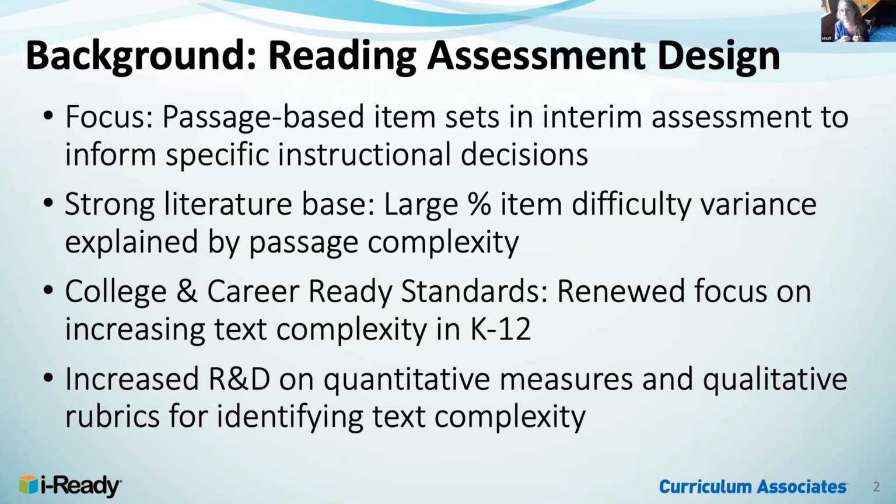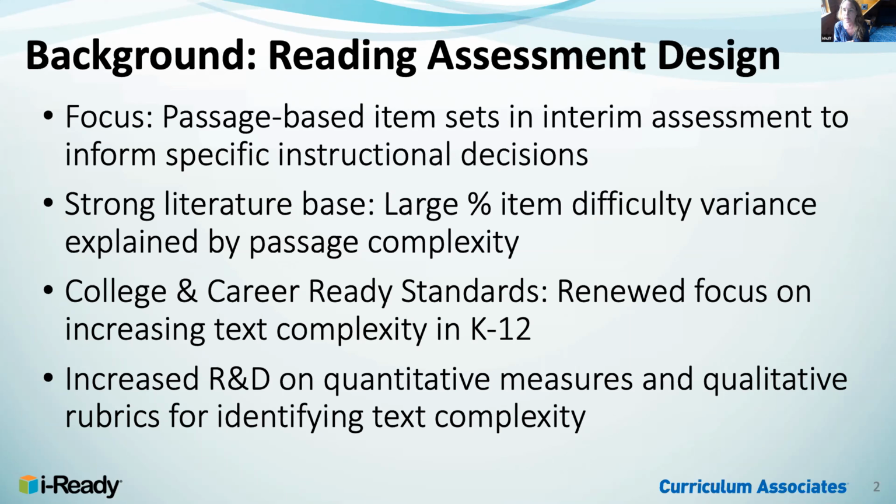So to bridge this disconnect, the Common Core really raised the bar in terms of our expectations of the complexity of text that students would grapple with in their classrooms and on their assessments. And this has rippled through all of the states.